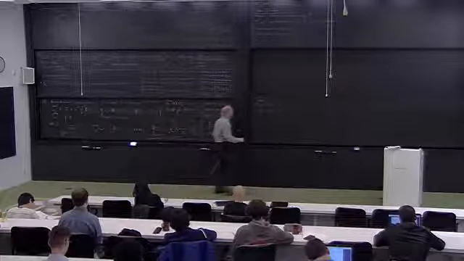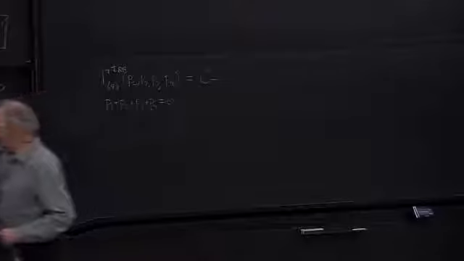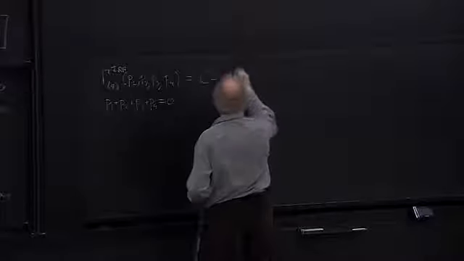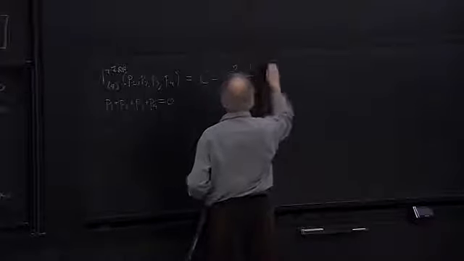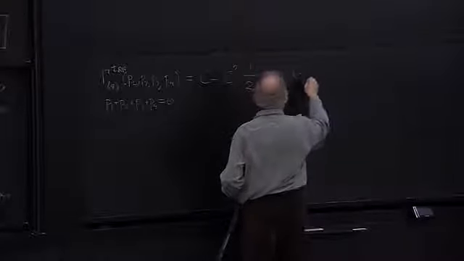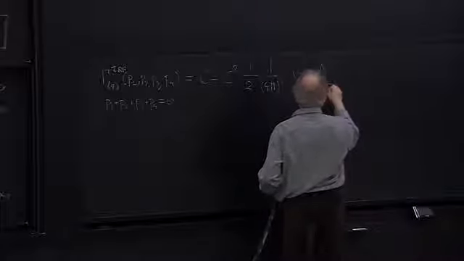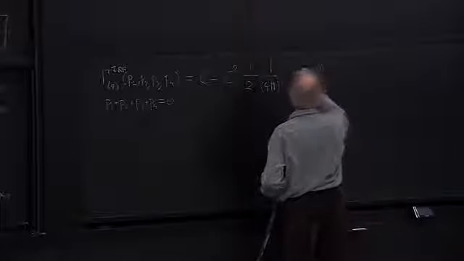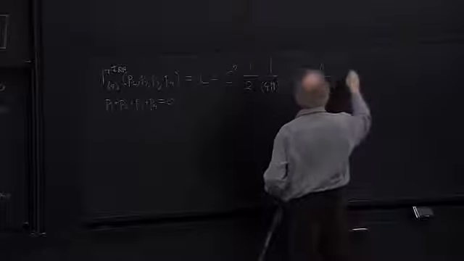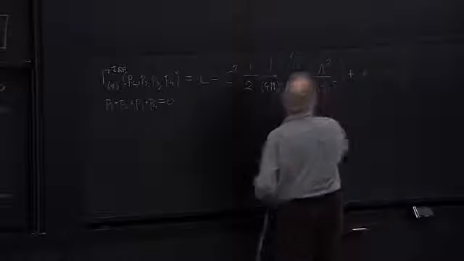And it's given by C minus C squared times 1/2 times 1 over 4 pi squared times log of lambda squared divided by (P1 plus P2) squared, plus the same thing with 1,3, plus the same thing with 1,4.